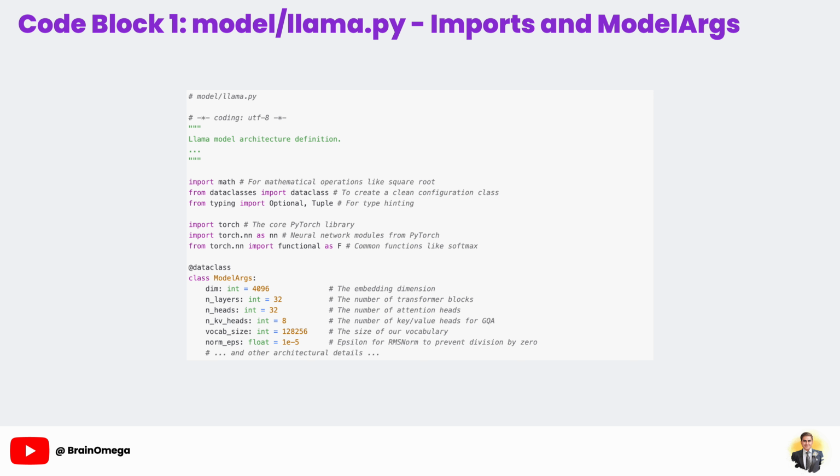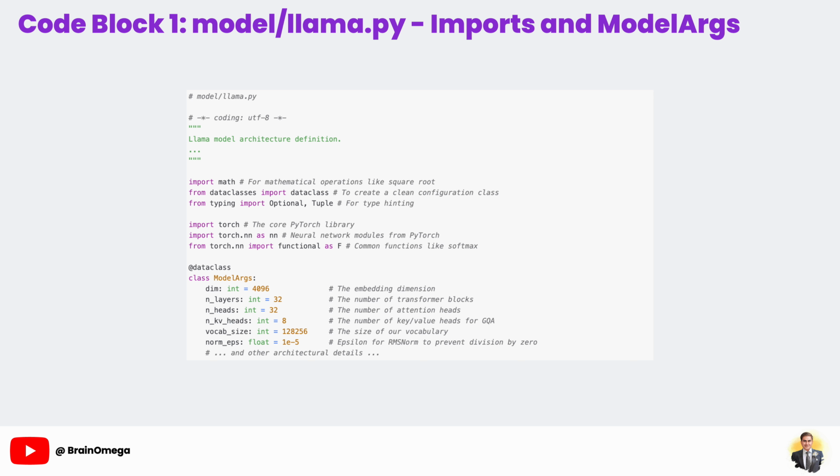Think of this as the blueprint or the recipe for our Llama model. It holds all the key architectural parameters in one organized place. Dim is the core dimensionality of our model's embeddings. Layers defines how deep our transformer will be. Heads is the number of attention heads.